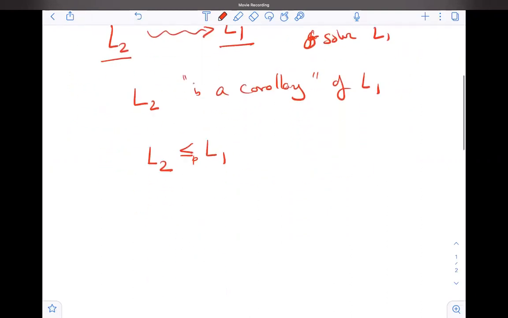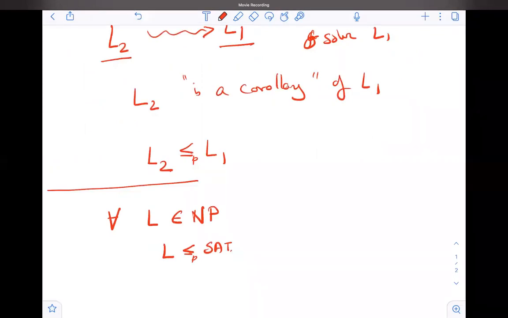For example, this is a statement: for all languages L in NP, L reduces to that. Let me just quickly see this whole notation once again, so I don't make a mess of this.